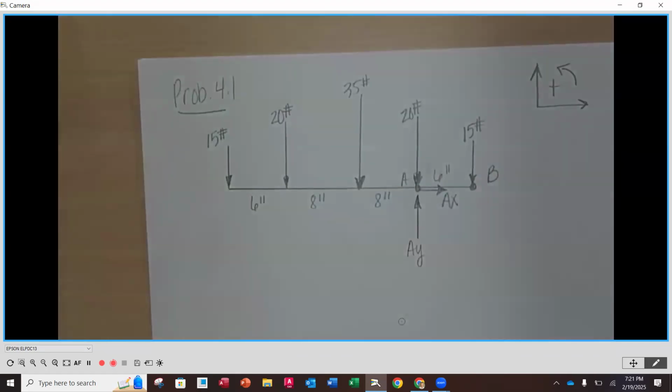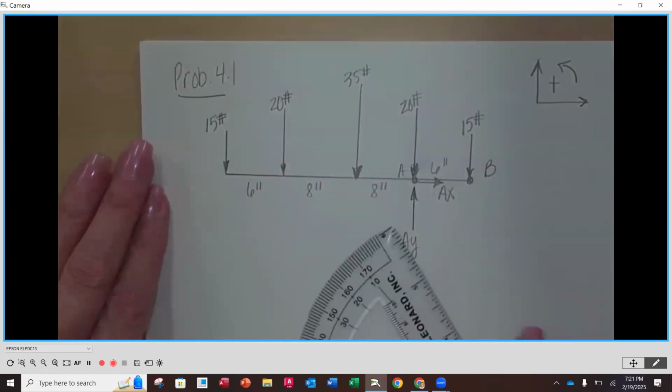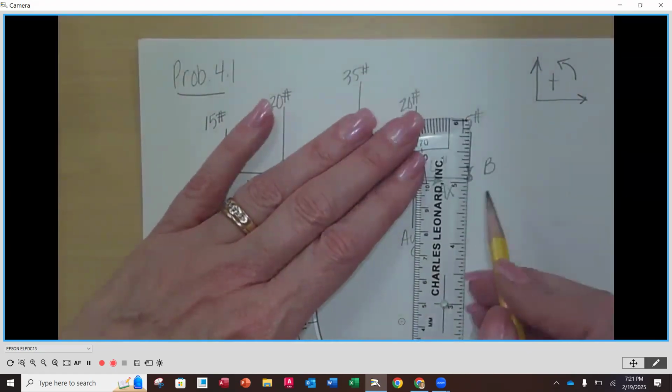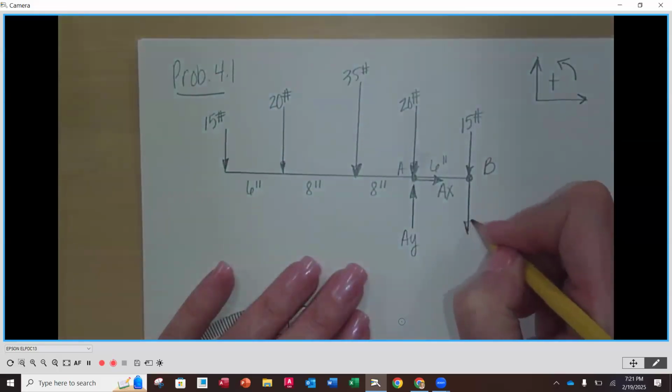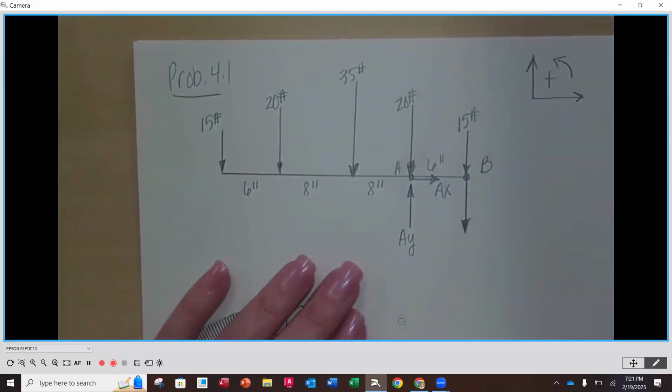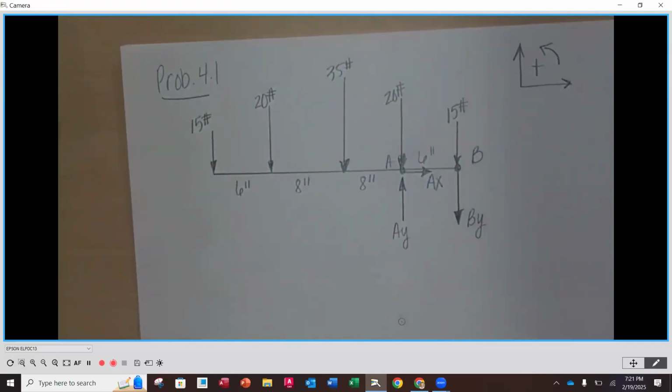Okay, pulling away from the body. So my body is the beam. So it's going to go along the line, which is a vertical cable, and it's going to pull away from the body. Okay, it's going to be in tension. So B, Y. All right.